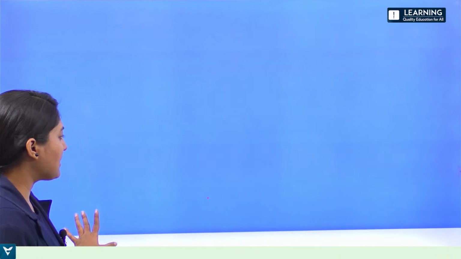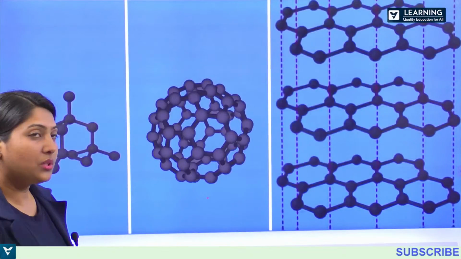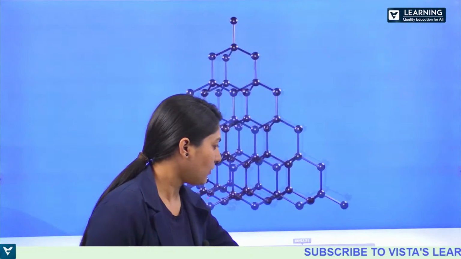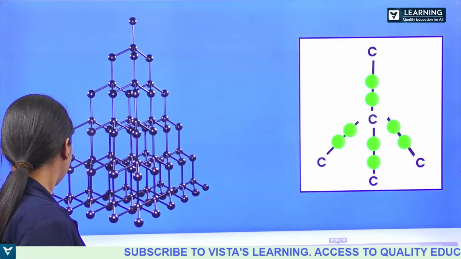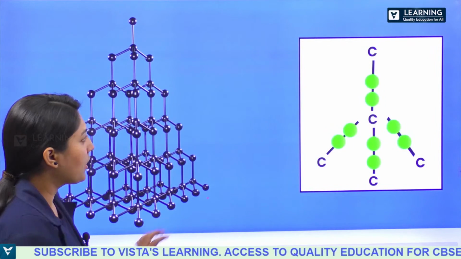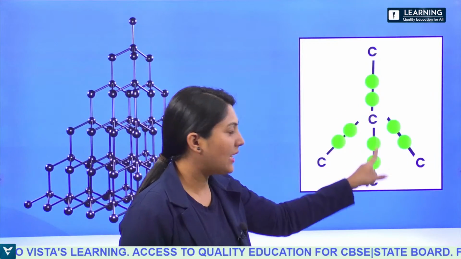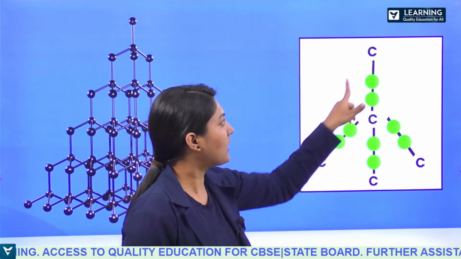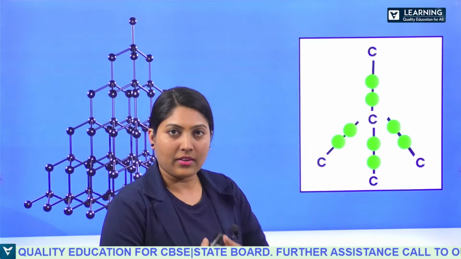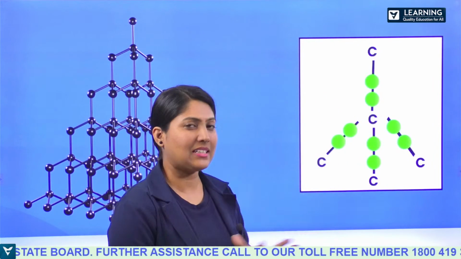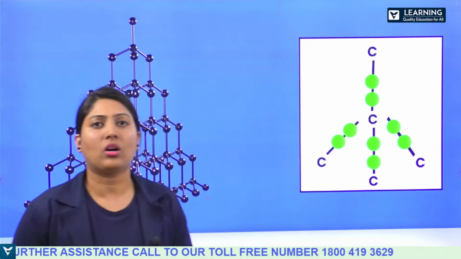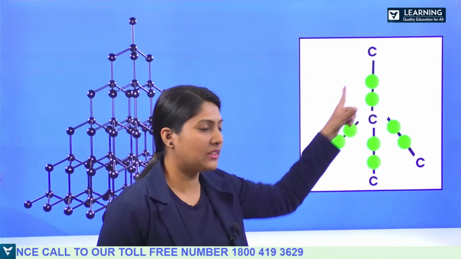The diamond has a high melting point due to its electronic configuration in the outermost shell. You see here, all the 8 electrons around the carbon are bonded together, right? Each carbon atom will have 8 electrons in the outermost shell. It is stable. According to the octet structure, we want 8 electrons in the outermost shell.